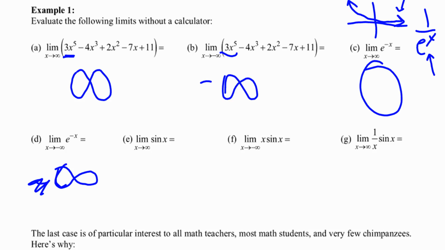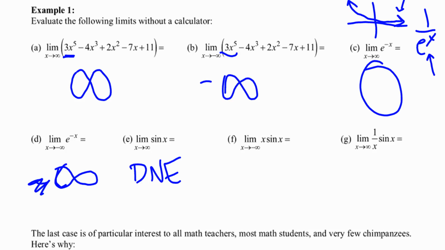Sine of x, you should know that graph, it oscillates back and forth between -1 and 1. So as x approaches infinity, it's not increasing without bound or leveling off towards a number. This one does not exist, because it oscillates.